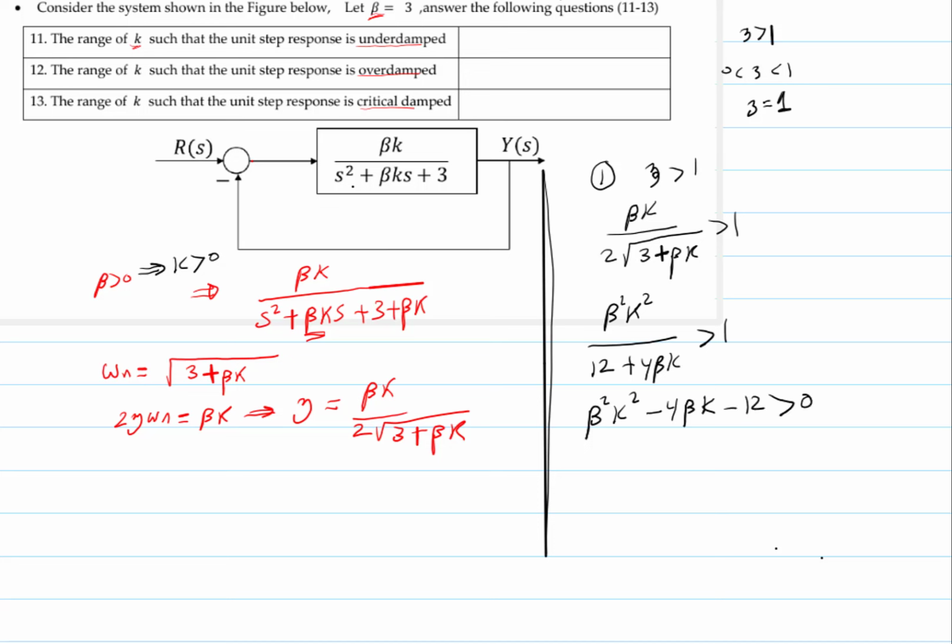If we arrange it as a k square plus b k plus c equal to 0, we can find the roots, which will be 4 beta plus or minus the square root of 16 beta square plus 48 beta square, over 2a, which is 2 beta square.